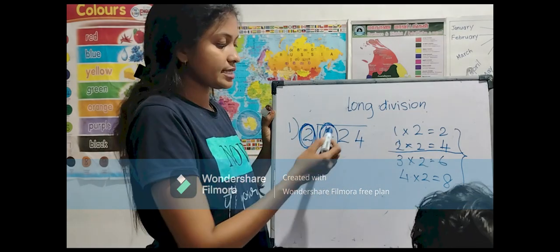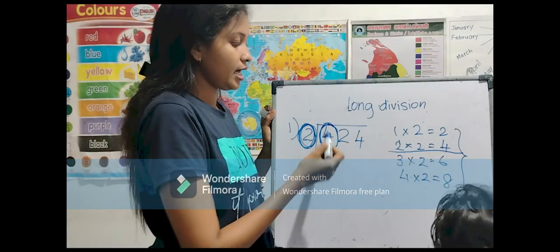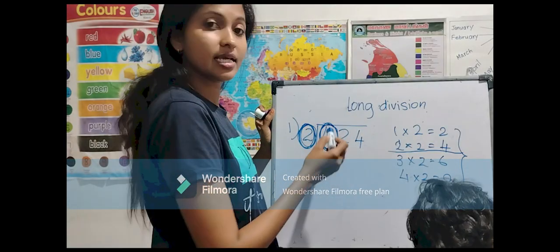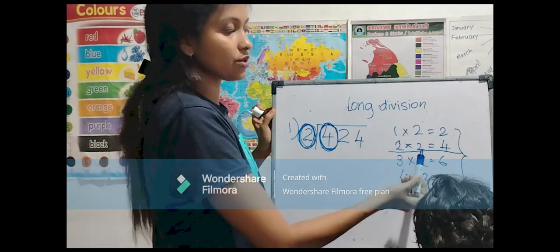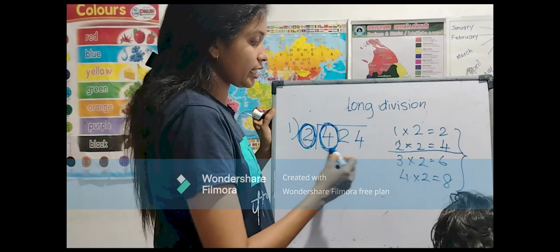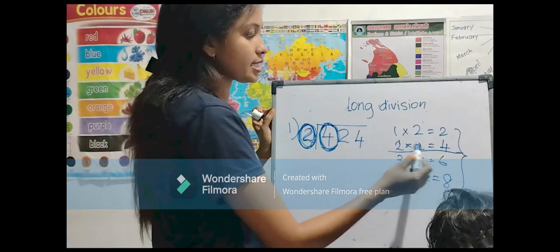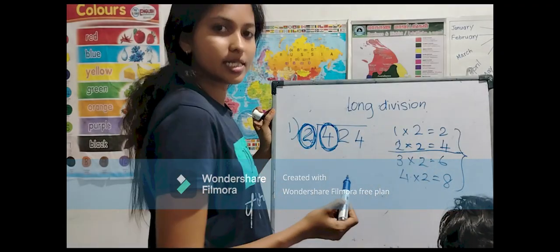So this is the dividend, this is the divisor and the answer is the quotient. Here we want to observe where this number is. Then we took the second multiplication table.